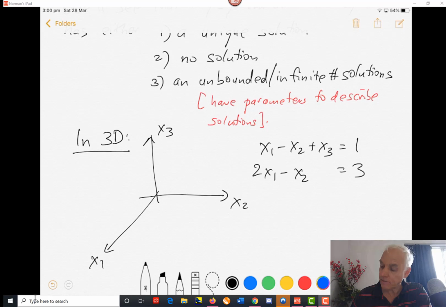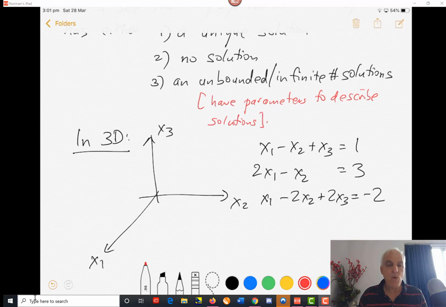And maybe x1 minus 2x2 plus 2x3 equals minus 2. Okay. So now we have 3 equations in 3 unknowns, and we would like to understand what the solutions are. So we want to describe the points x1, x2, x3 that satisfy all 3 of the equations.